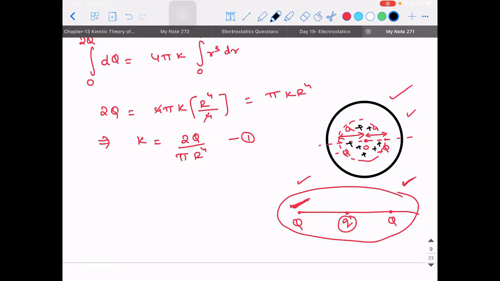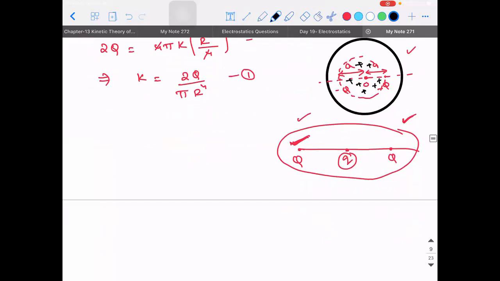When I'm repeating the question, I drew a small area, right? There is a small volume of spherical portion whose radius is A. Within that radius A, there will be some charge. Due to that amount of charge, there will be an electric field here.